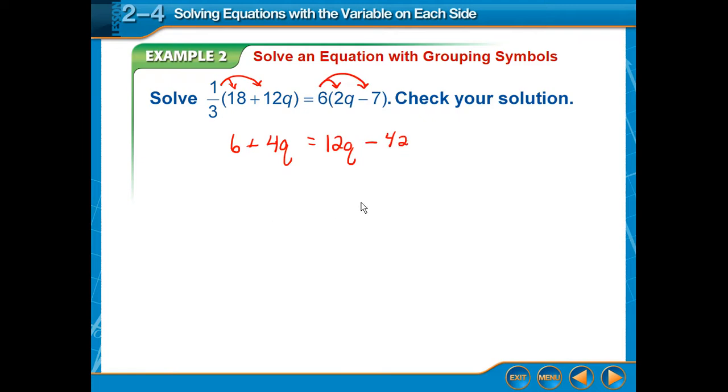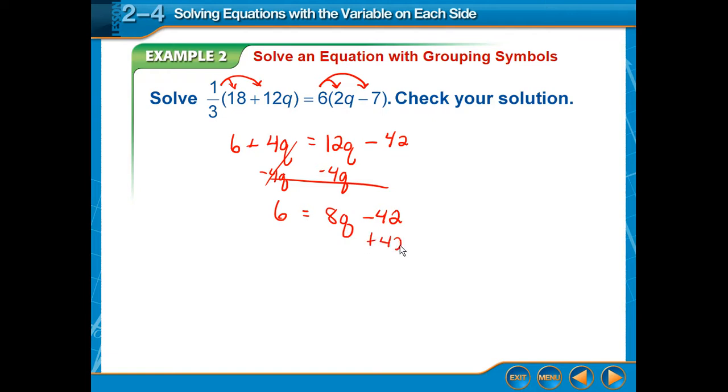So from here, we want to do the same thing. We want to get the variables on each side together. So I'm going to subtract 4q so that I have the variable only on one side. Here they cancel. So I get 6 equals 8q minus 42. Okay, so solving it the same way we were solving before, I want to get my constants onto the other side.